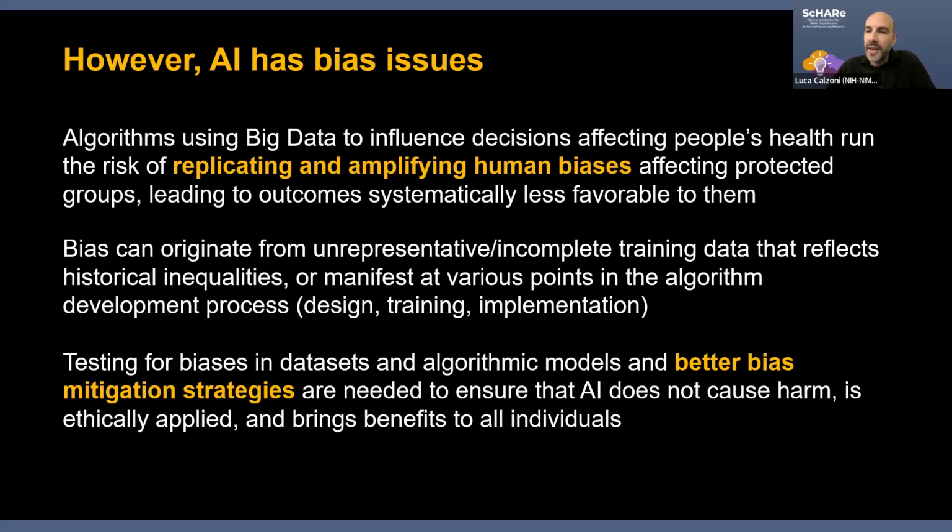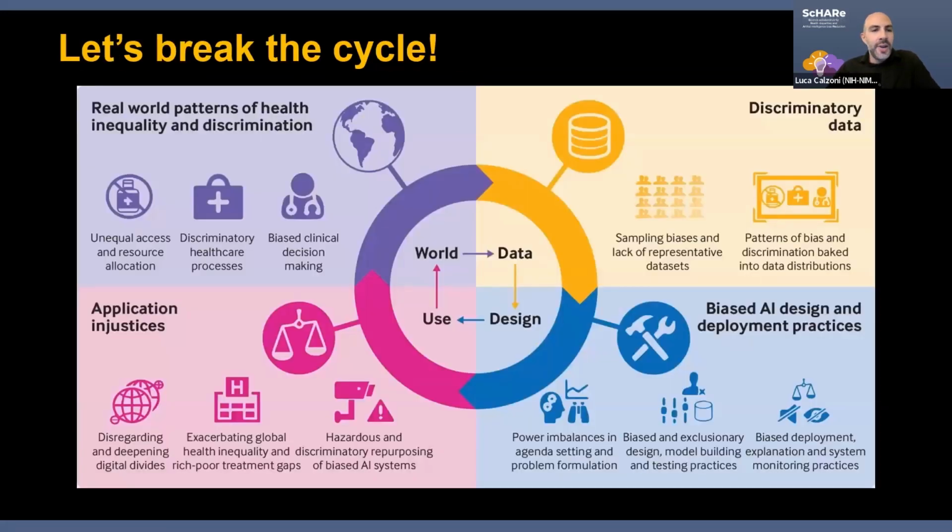So in the design phase, or in the training phase, or even in the implementation phase. So testing for these biases in both data sets and models is essential. And we also need better mitigation strategies to ensure that AI does not cause any harm and is ethically applied and really brings benefits to all instead of to some. And I really like this slide here that shows you how biased AI design and deployment practices lead to application injustices.